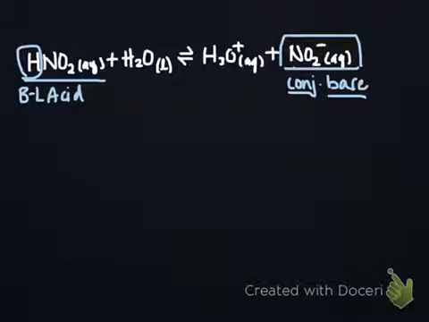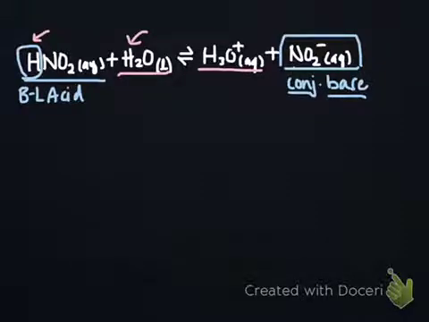Okay, let's go back to the left side of the equation. Where did this hydrogen that got donated go? Well, if we look at the whole equation carefully, it got picked up by the water. The water picked up a hydrogen to become H3O+, the hydronium ion.